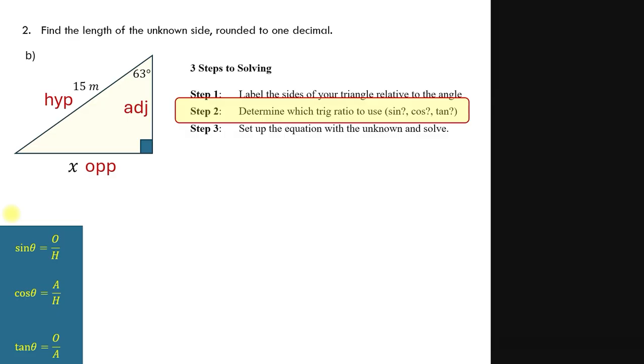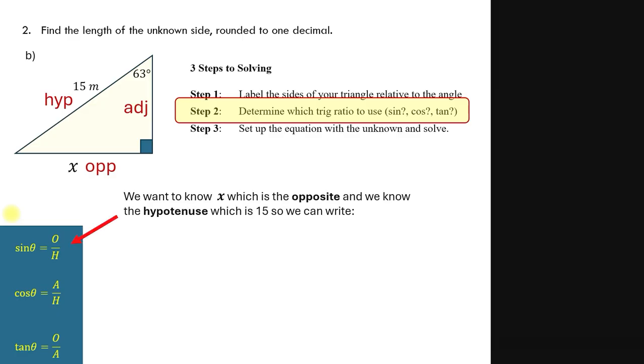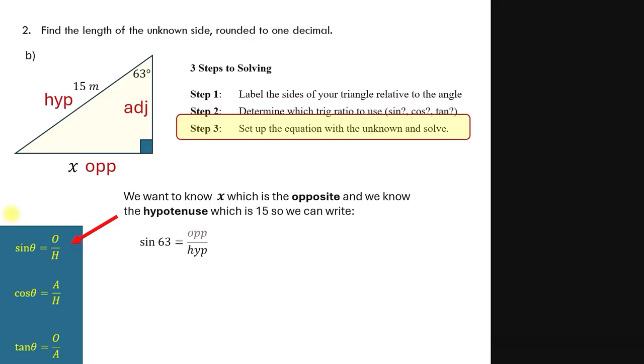We're being asked to find the opposite, and we're given the hypotenuse. So the trig ratio that deals with opposite and hypotenuse is the sine. So we can write the sine of our reference angle 63 equals opposite over hypotenuse, or the sine of 63 equals x over 15.